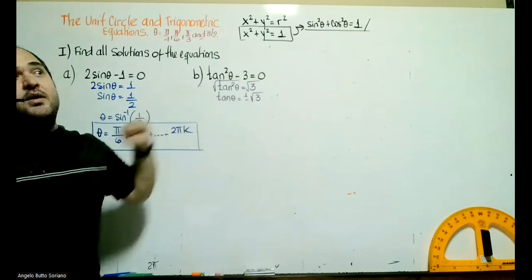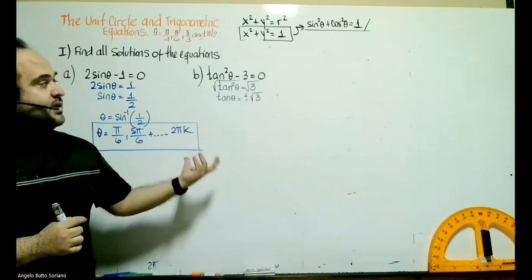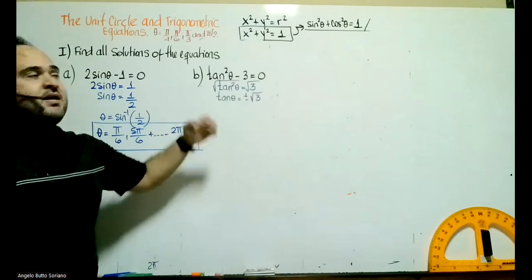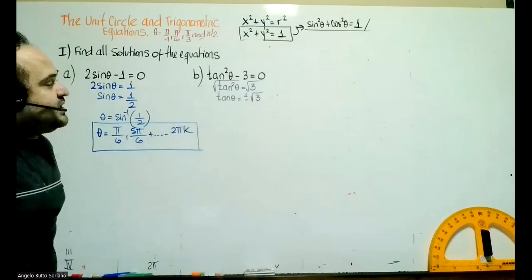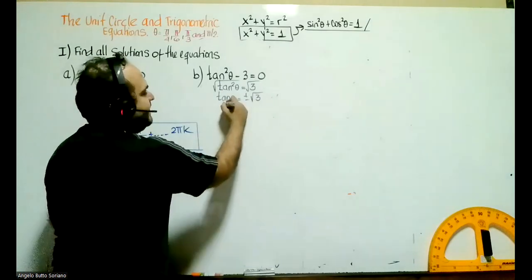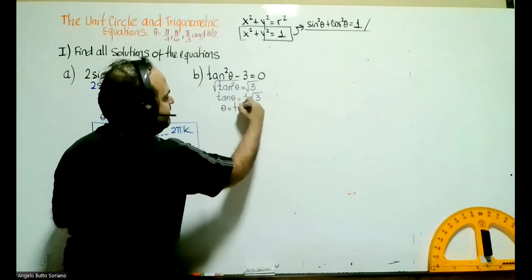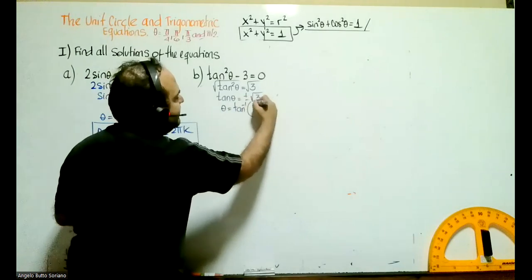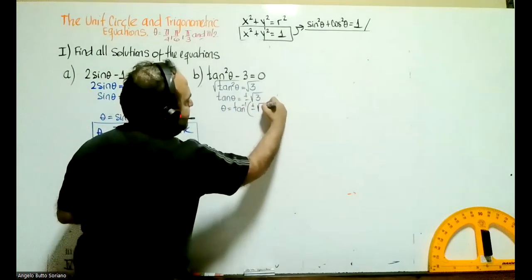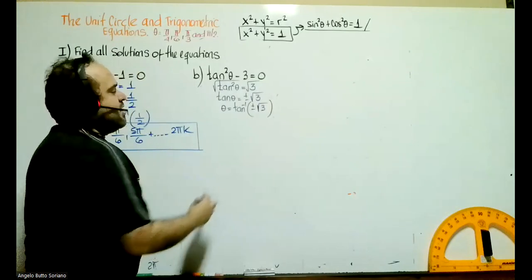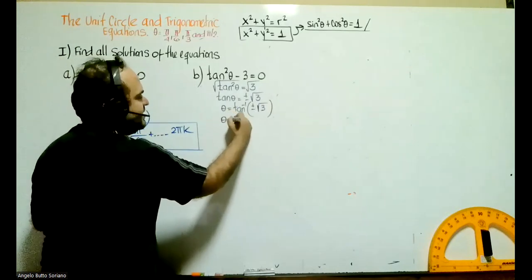Positive and negative, what does that mean? We're going to include the answers that provide the positive and negative values of tangent. I mean, theta will be equal to the arctangent of positive or negative square root of 3.